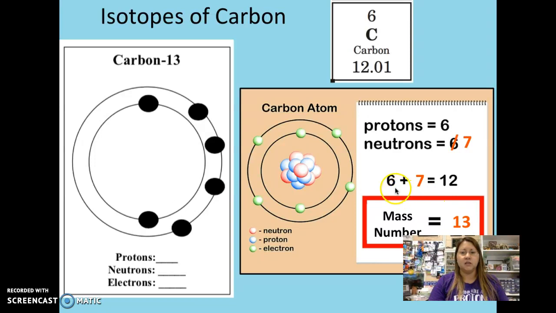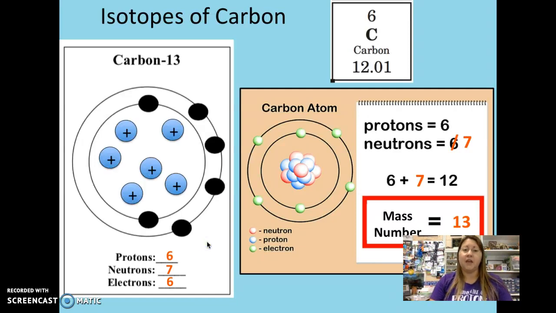So that isn't the number that we initially had. It now becomes 13. And that's why it's called carbon 13, because it's a reference to the amount of subatomic particles in the nucleus. So our protons, again, it's going to be 6. Protons doesn't change. Neutron changes. That's now 7. And our electron stays the same.